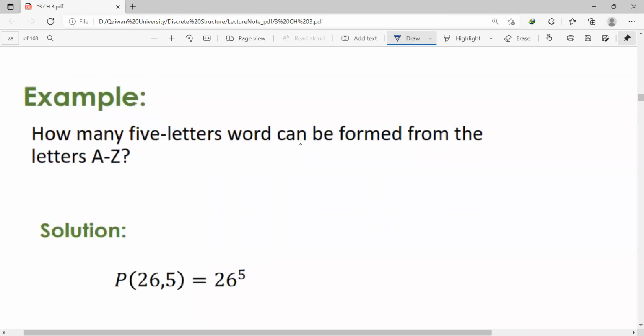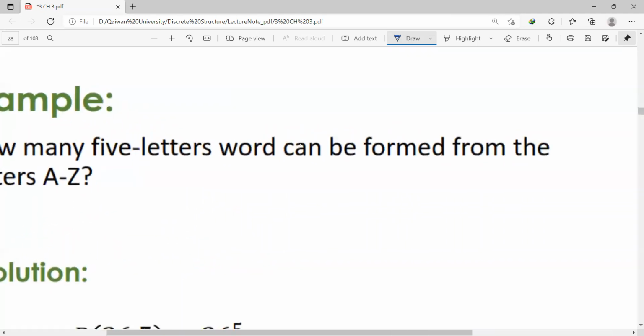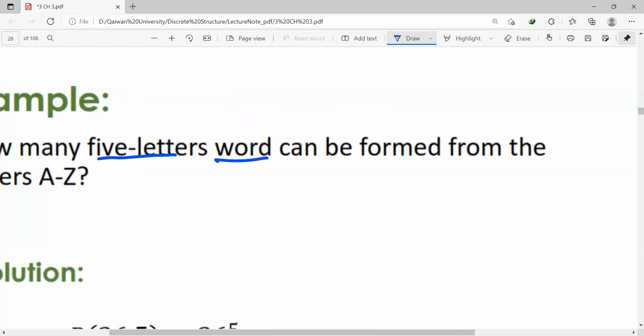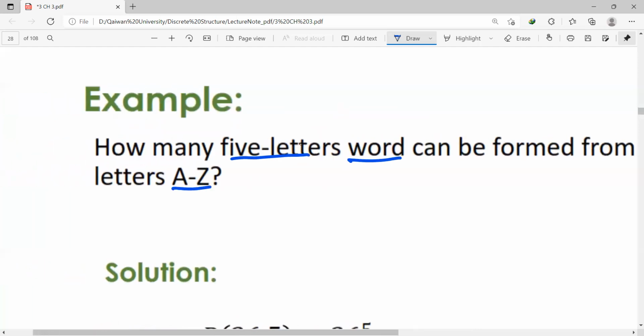In this example, who's going to tell me how many 5-letter words can be formed from the letters A to Z? From A to Z there are 26 letters.